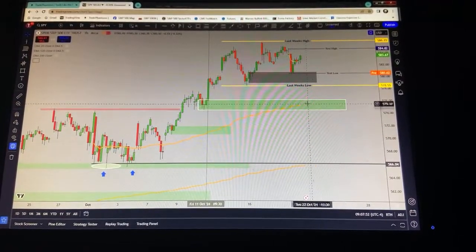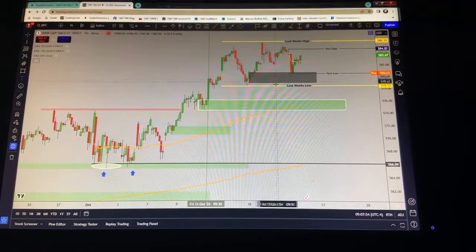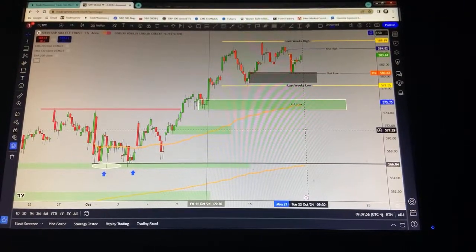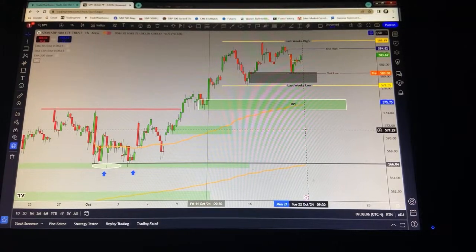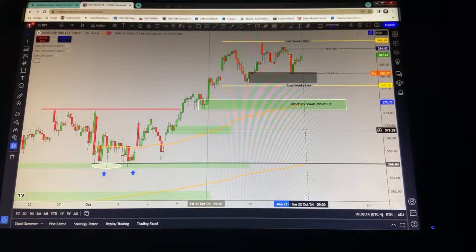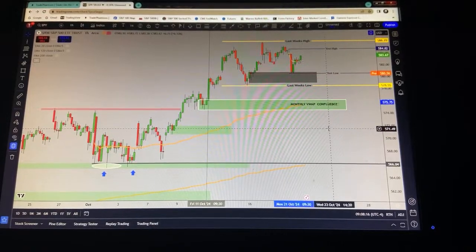So this level is Globex trap. For futures, it's a decent little IPI on daily. It's a clean level, and we also have monthly VWAP. Confluence here. Now in English, confluence.